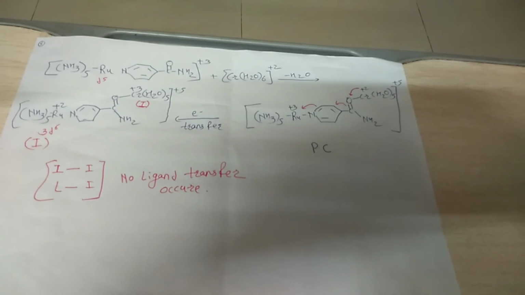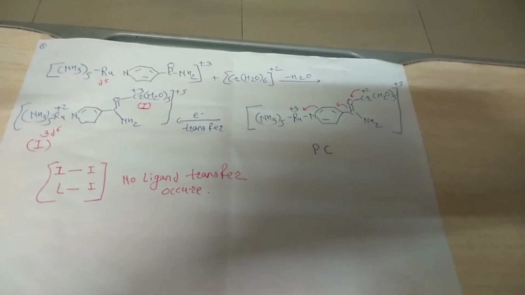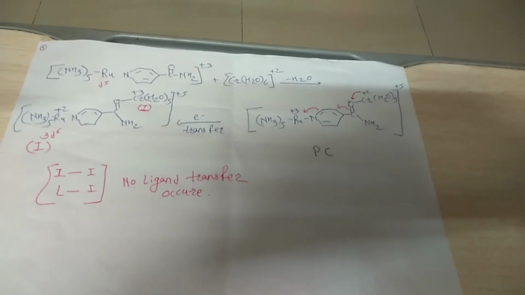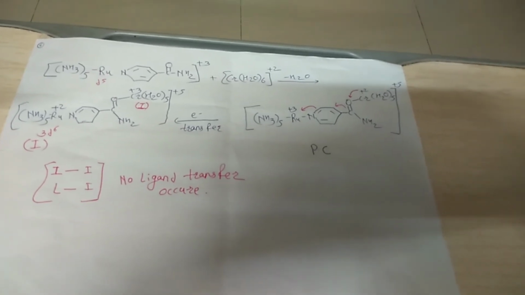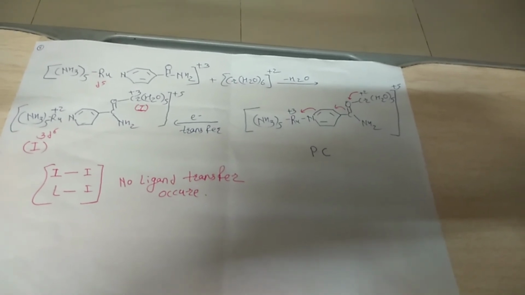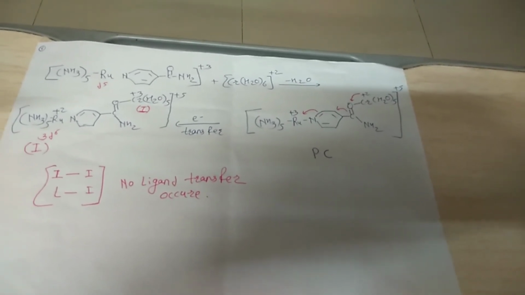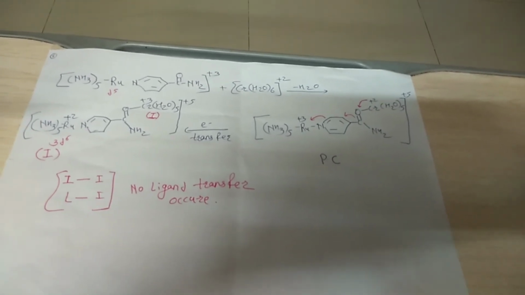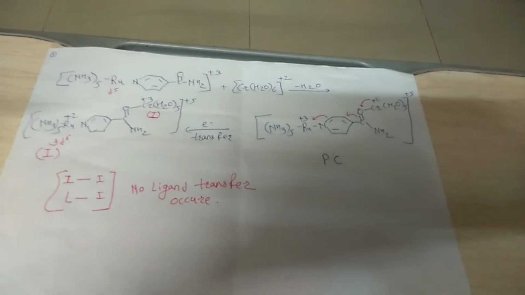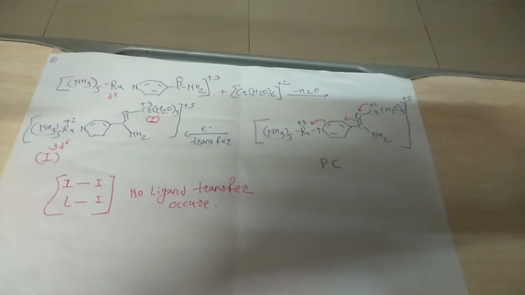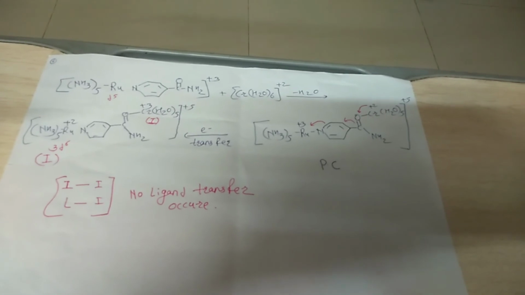Here the chromium is in +2 oxidation state and ruthenium is in +3 oxidation state. Therefore obviously electron gets transferred from chromium to ruthenium. The total oxidation state of the complex is +5. Then there is transfer of electron from chromium to ruthenium and we are getting NH3 ruthenium in +2 oxidation state and chromium in +3 oxidation state.